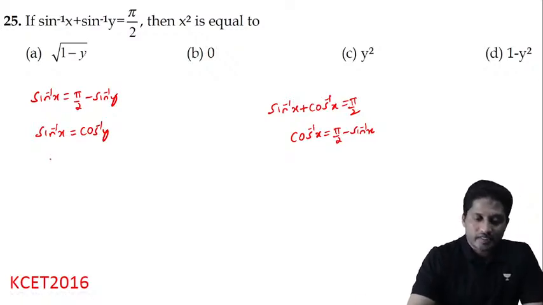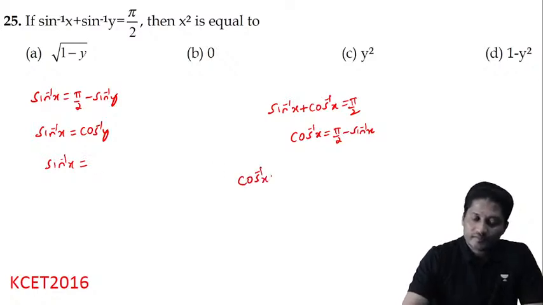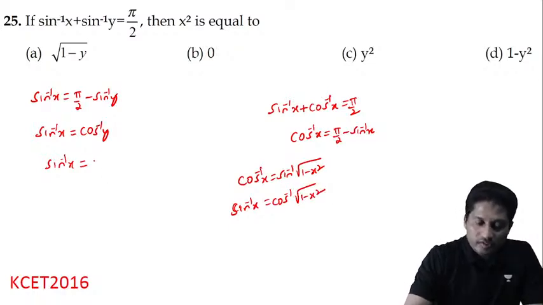Right, now I can also write this as sine inverse of x. We know that cos inverse of x is sine inverse of root of 1 minus x square, and sine inverse of x is cos inverse of root of 1 minus x square. Cos inverse of y is sine inverse of root of 1 minus y square.